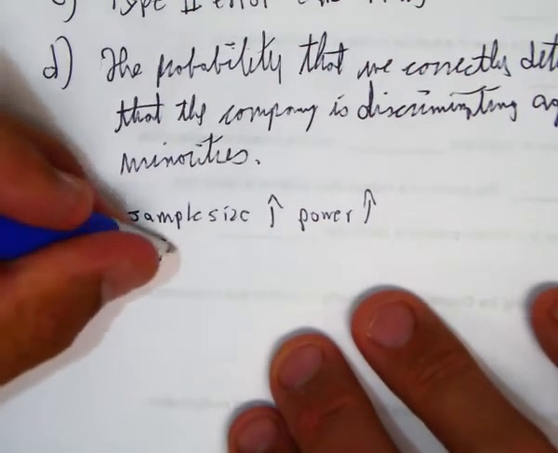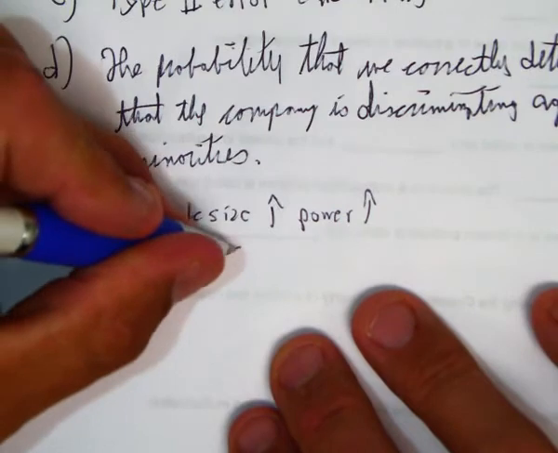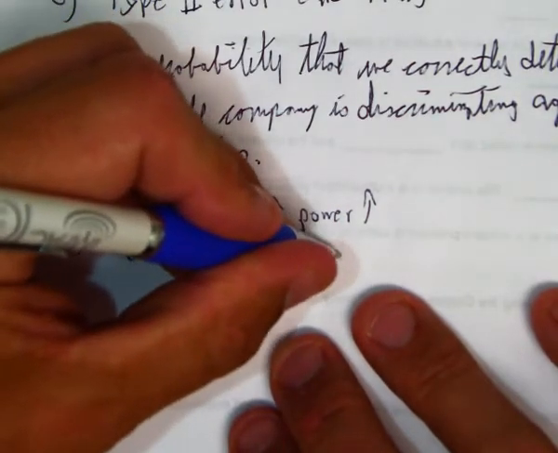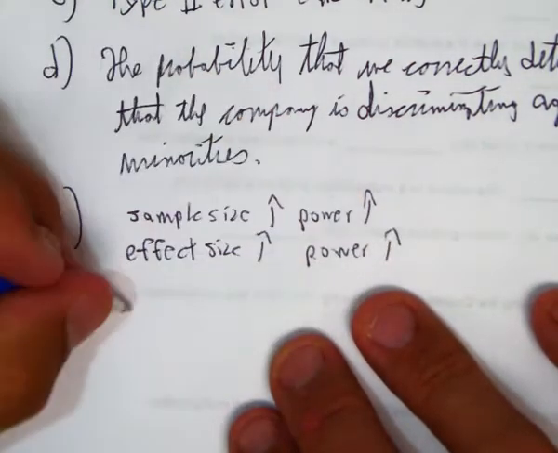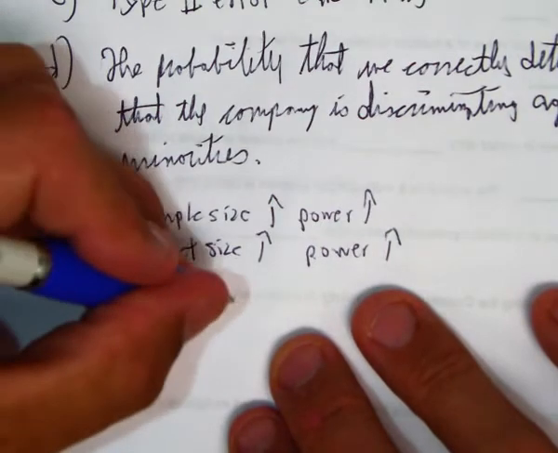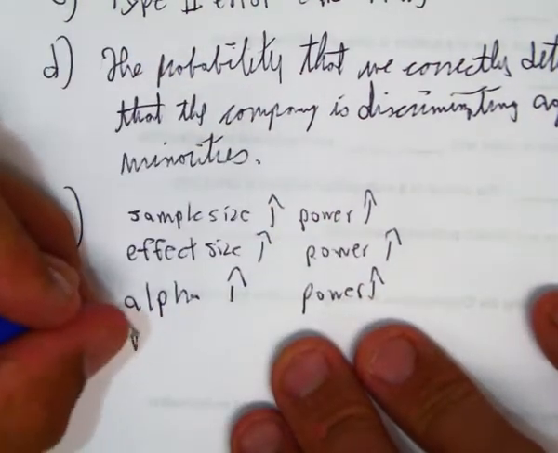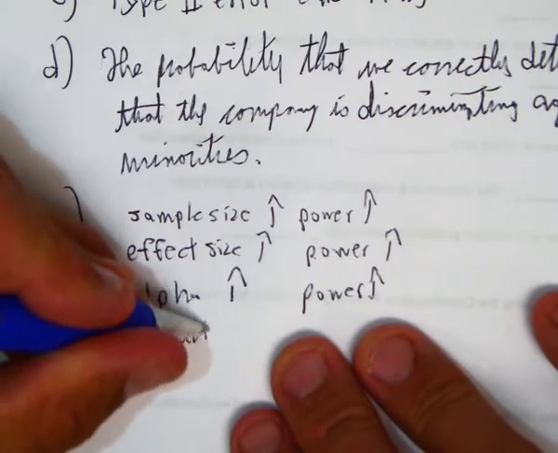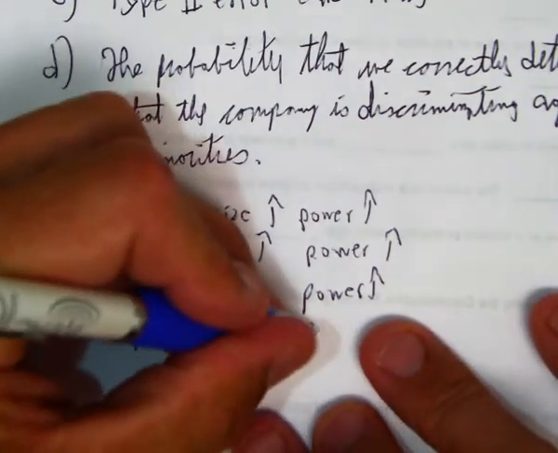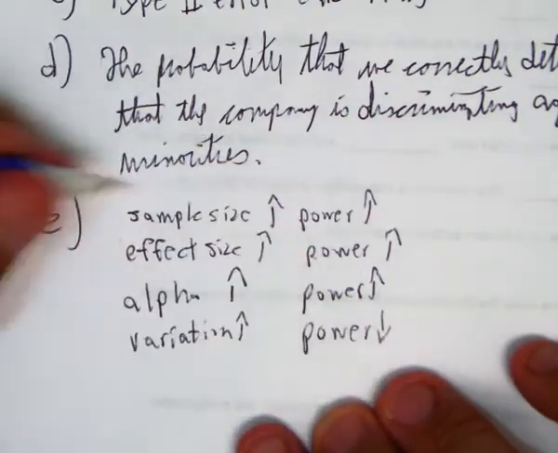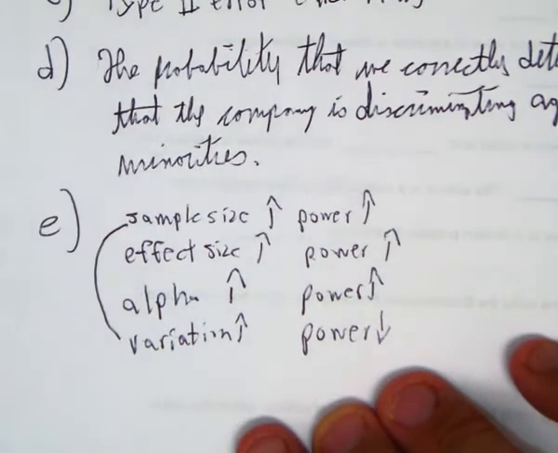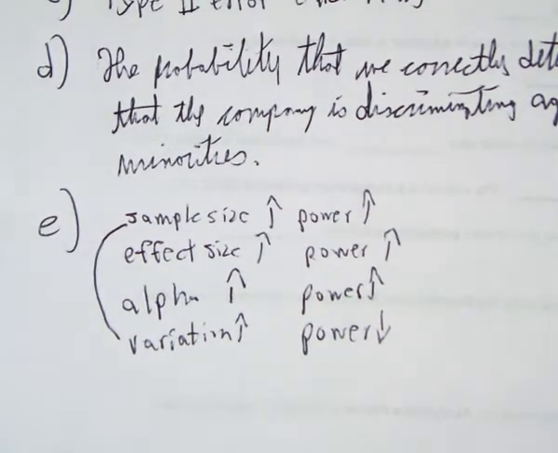How guilty it is: more guilty, more power. Alpha, the burden of proof, goes up, power goes up. And when variation goes up, power goes down. Because when sample size goes up, variation goes down, so those have an inverse relationship.